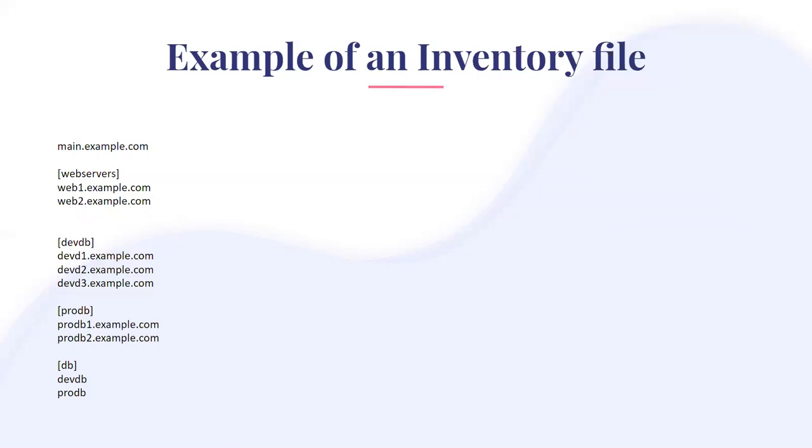If you have, let's say, database servers for development and for production, then you can isolate them by giving different group names. And if you want to perform some task on all of the DB servers, then you can make a group of both dev and prod in one stanza, and you can perform the task on all your DB servers.